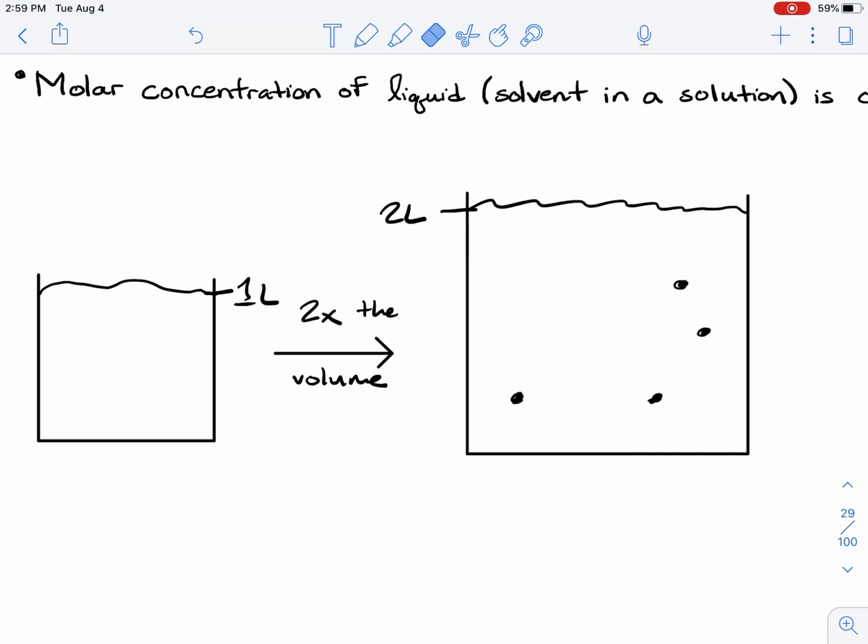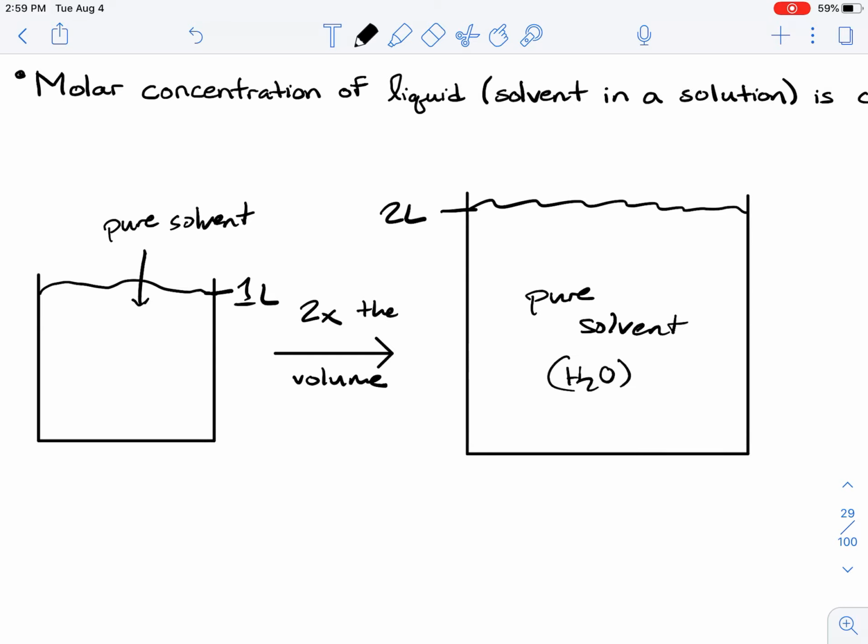So what I'm doing is I'm erasing all of these particles, these solutes, just so we have pure solvent. And so an example of pure solvent is water. Okay.